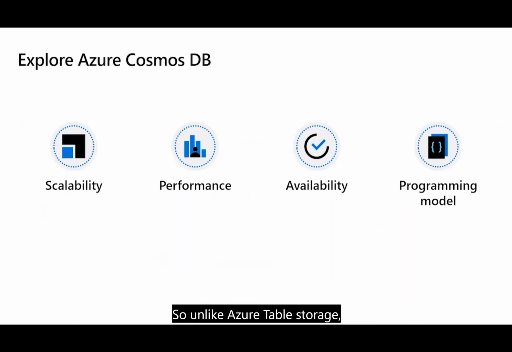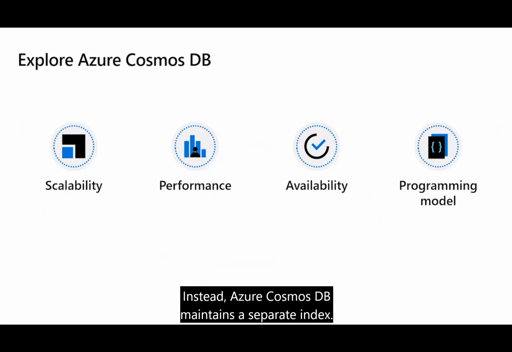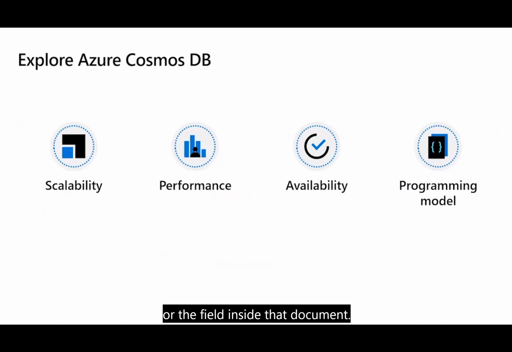So unlike Azure Table storage, documents in a Cosmos DB partition aren't actually sorted by ID. Instead, Azure Cosmos DB maintains a separate index. This index contains not only the document IDs, but it also tracks the value of every other field inside that document.